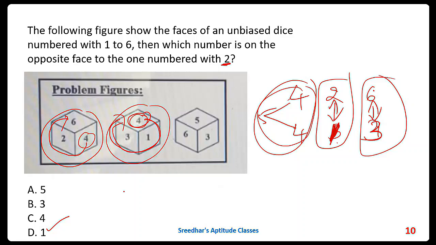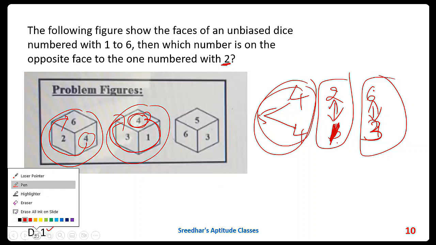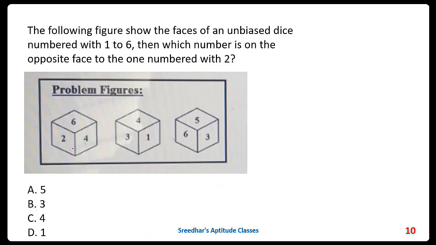You mean if 1 is on top of 2, then 3 can't be adjacent to 6. If that is the case, then let's say if I take 1 and 3, in both 6 is common, right? Then you will get opposite to 6 as 1, right?